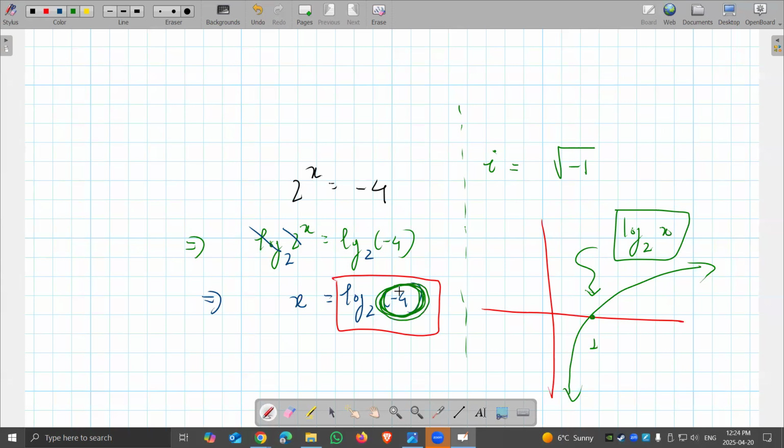We want to find what's the y value for this curve. Again, look at the curve. It starts at the x-axis because there's an asymptote here. Can the x value for that curve ever be negative 4? No, right? So that means this cannot be evaluated, okay?